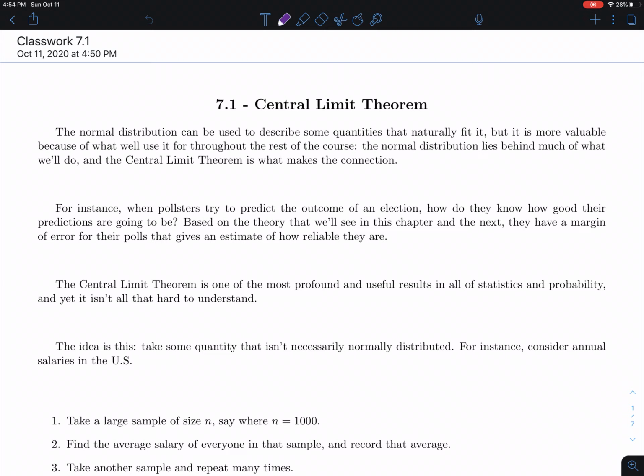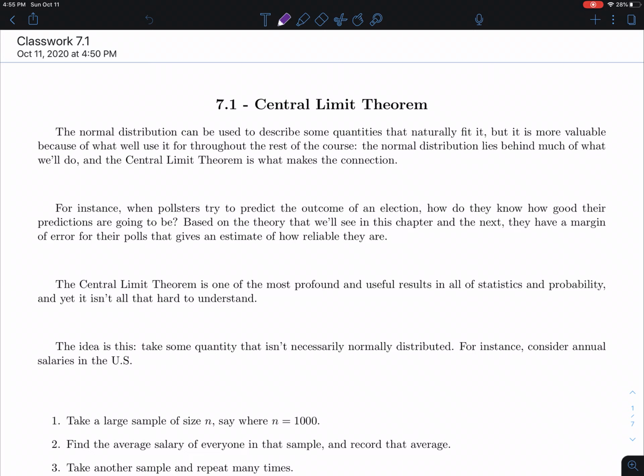We've got nice calculator ways that we can calculate probabilities and find values with normal curves. So wouldn't it be nice if we could turn everything into a normal curve? It turns out with the central limit theorem, we actually can do just that.